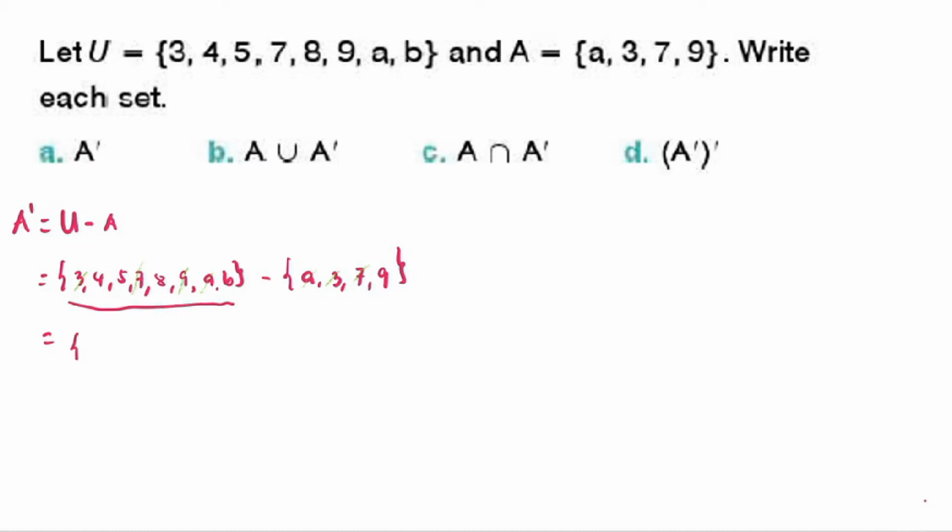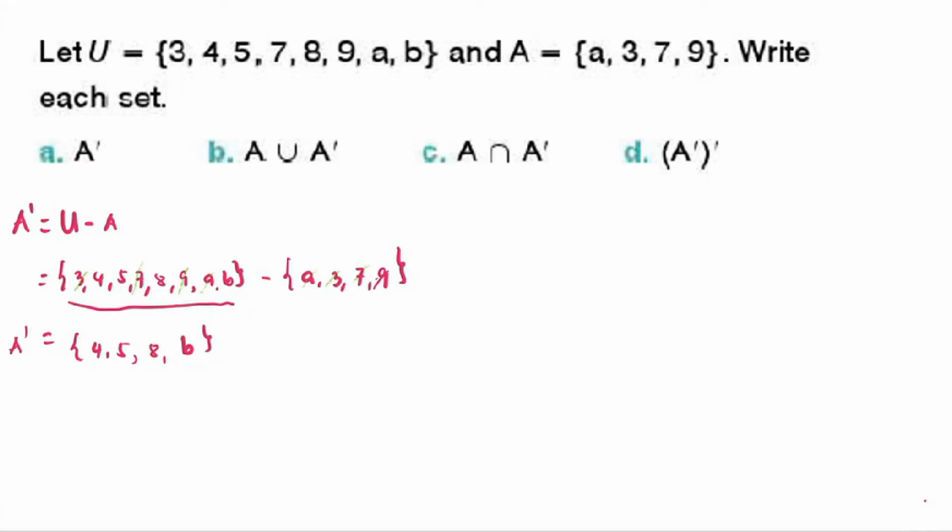This is our A prime. We have 4, then we have 5, we also have 8. 9 is cancelled, right? And A is also cancelled, so we have B. So the elements of A complement are 4, 5, 8, B. I hope you were able to follow that one.